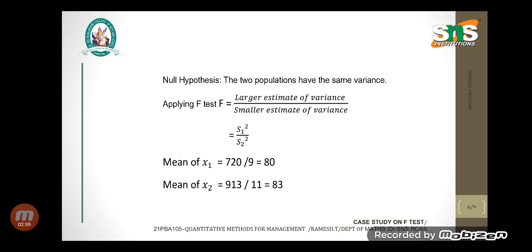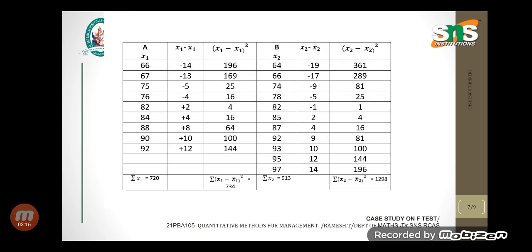Here, first we find the average, the sum of all the values divided by the number of data. In the first one, there are 9 data. Therefore, 720 divided by 9 is equal to 80. The mean of the second data, that is X2, is 913 divided by 11 data, which is equal to 83. So we calculated this value.